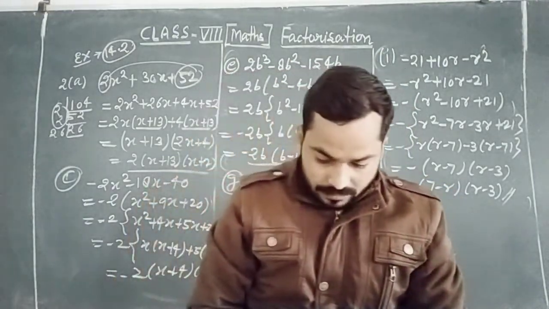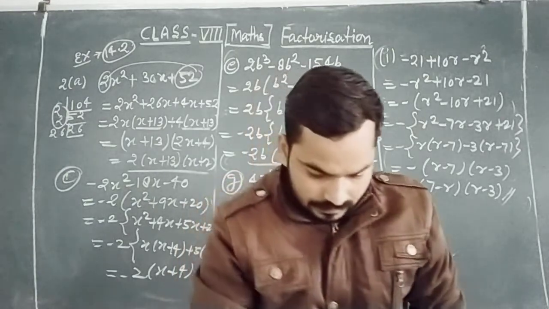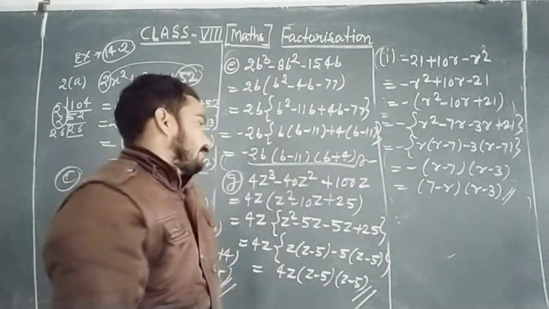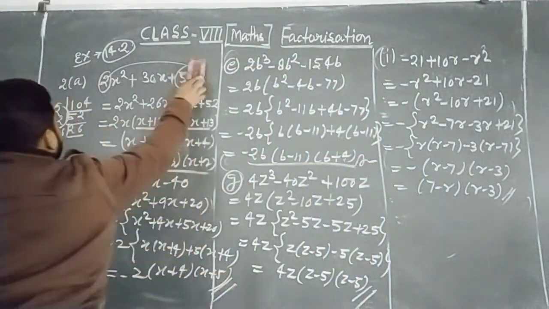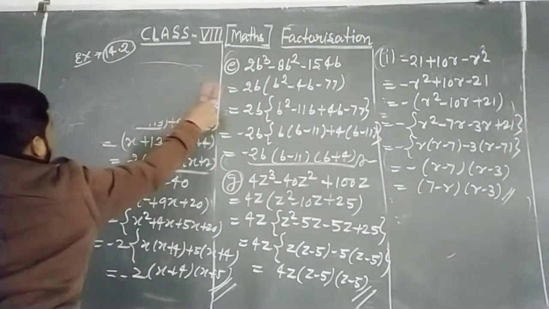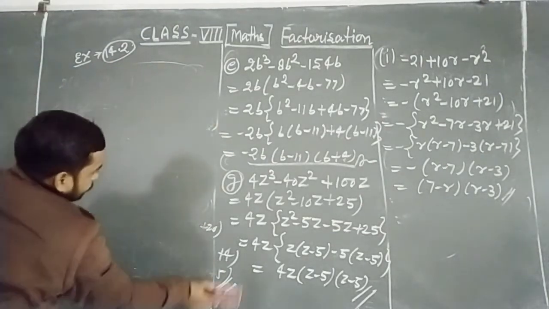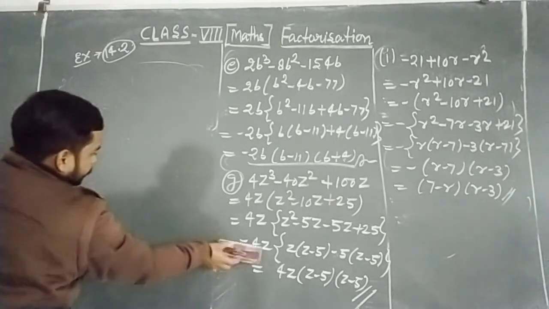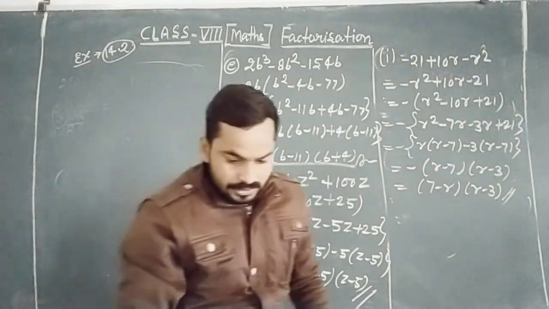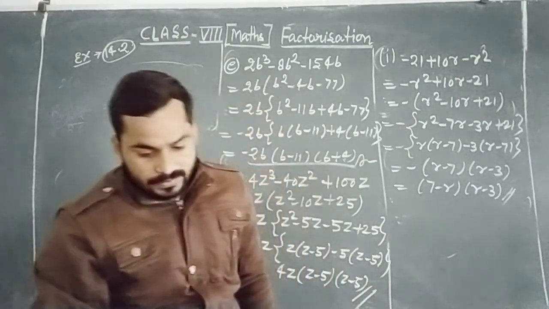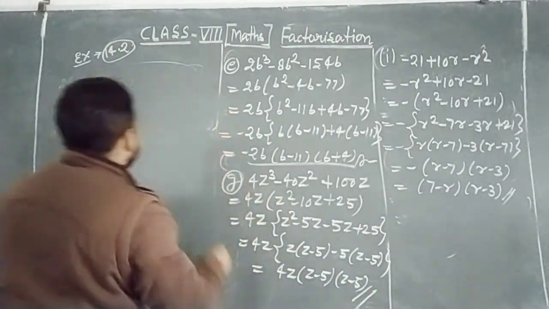Now MCQs are given here. You have to choose the correct option of the factorization. Question number 3, part A: 6x square minus 7x minus 3.